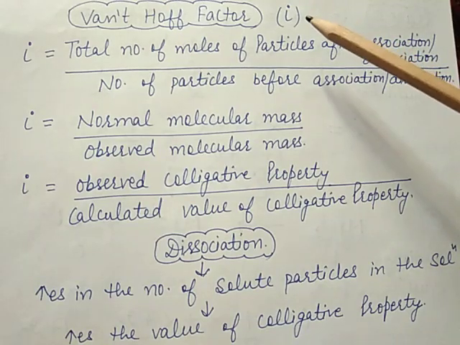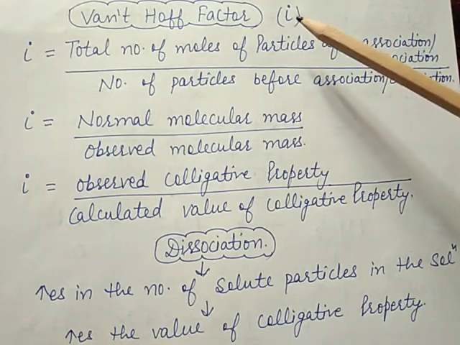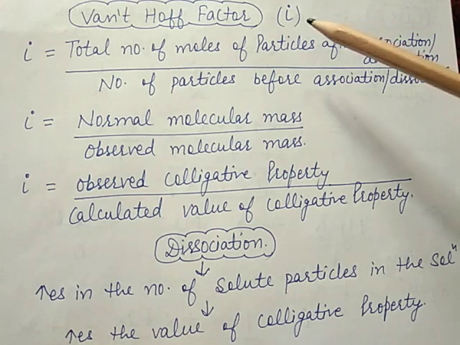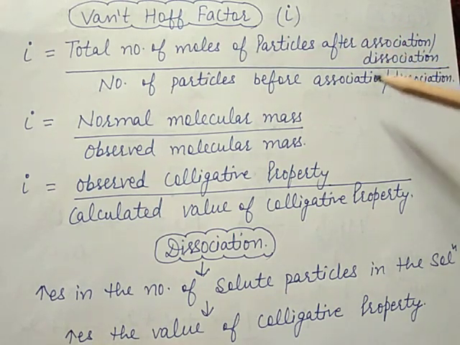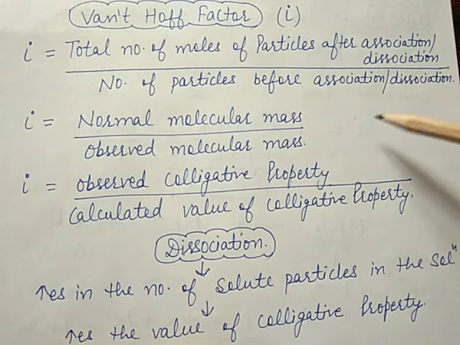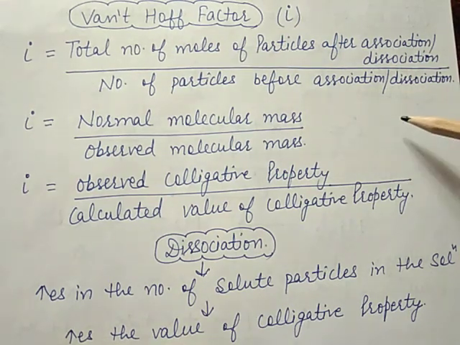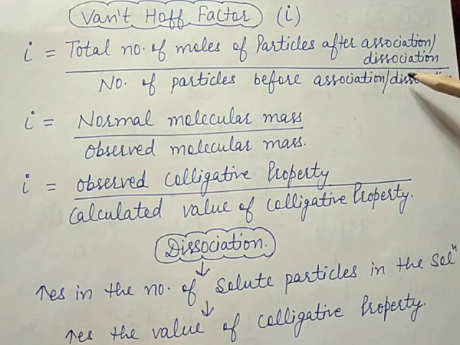Iota shows the extent of association or dissociation of solute particles in a solution. Association means associate, means join, and dissociation means break down into ions.